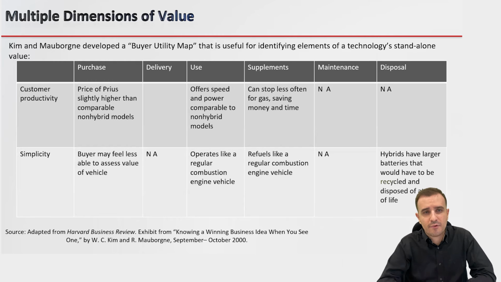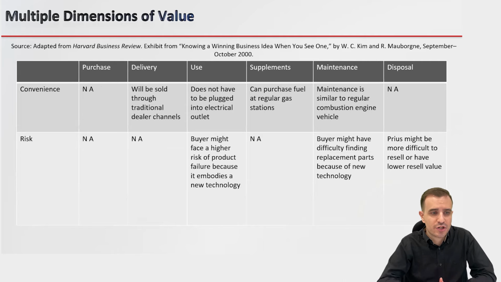Here we evaluate the efficiency, the efficacy, the delivery time of a product. The second dimension is simplicity, how simple it is to buy and to use the product. The third is convenience, how easy it is to find the product, for example whether the distribution network is comprehensive enough to cover all the geographical areas in the country.